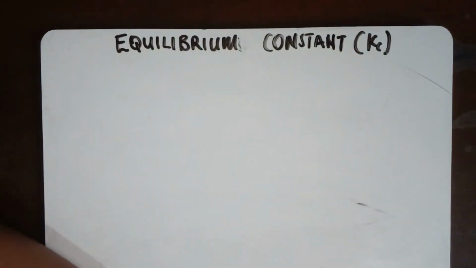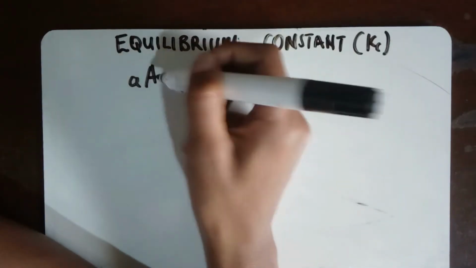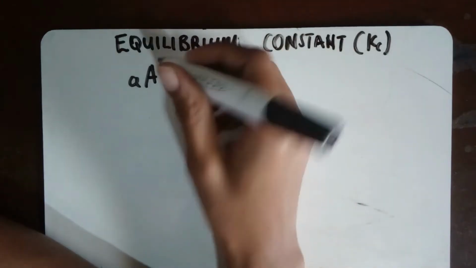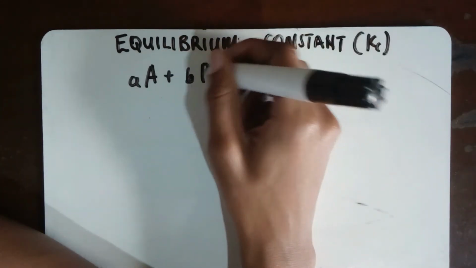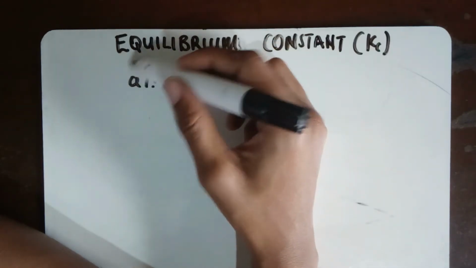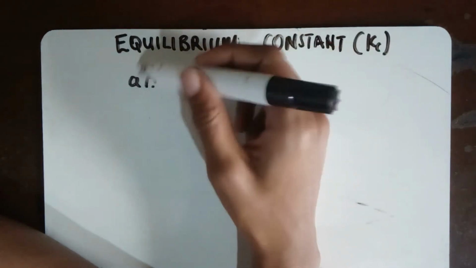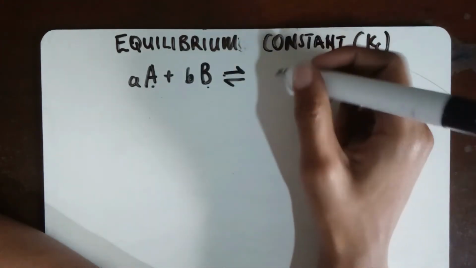I want us to start off here where we say we have a typical reaction. So a, small letter a, would just be the coefficient, maybe b. So these are our reactants. It can be 2A, sometimes it can be 3A, it doesn't matter what it is, right?